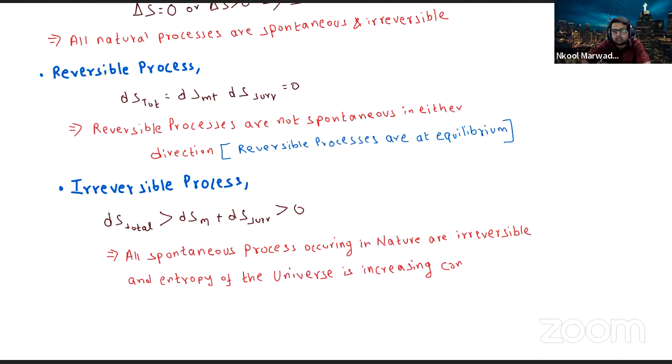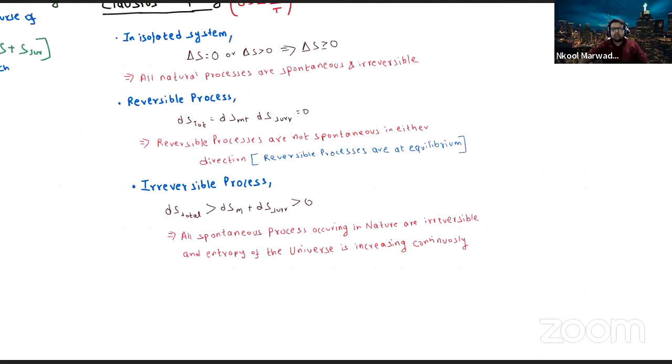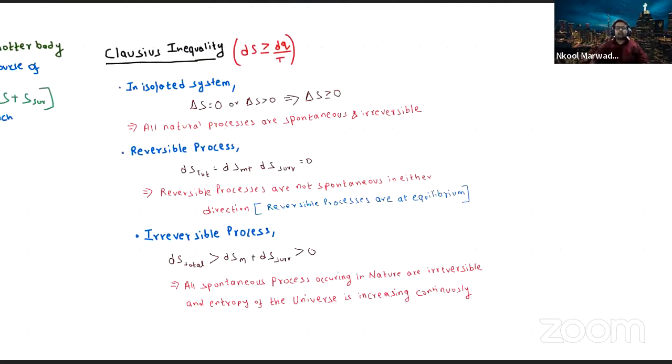This is the main crux of the second law. Whatever we have discussed now in the name of this inequality is the crux of the second law of thermodynamics. This clearly states that based on the change in entropy, we can tell the direction. We saw that reversible processes are not spontaneous. Hence, they keep on oscillating and they are at equilibrium.